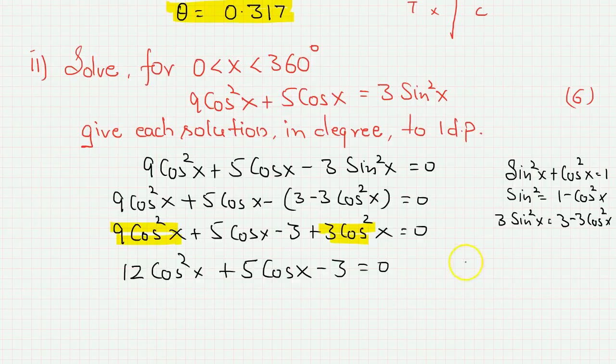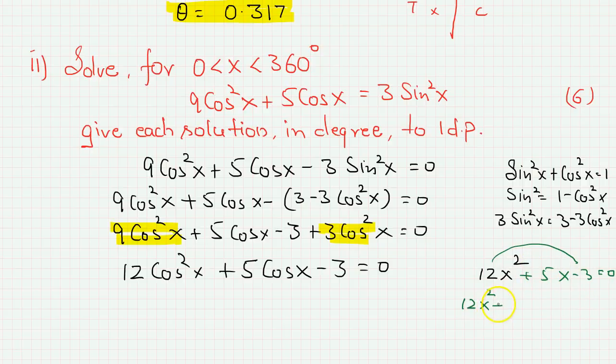If we compare this equation to 12x square plus 5x minus 3 is equal to 0, 12 multiplied by 3 is 36. 9 times 4 is 36 and 9 minus 4 is 5.